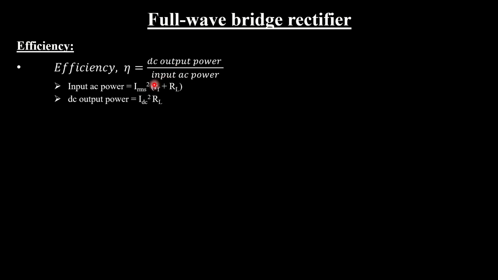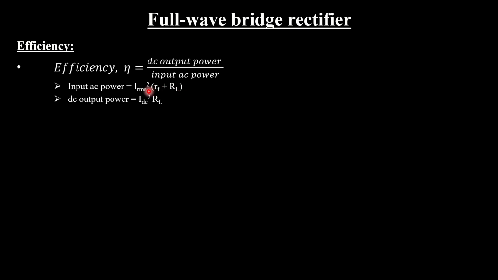The DC output power is given by IDC square into RL, because the DC has to flow through the load resistance alone. But the input AC has to flow through the load resistance as well as the diode. So we have to consider the internal resistance, or forward resistance, of the diode as well as the load resistance.